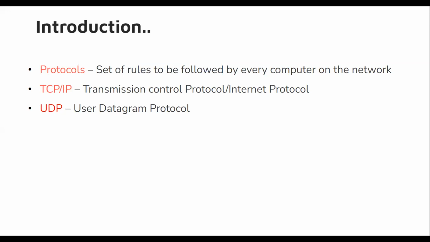And when we talk about audio, video, images, nowadays it's social media time, so images and audio we want to share, we use the UDP protocol, that is the user datagram protocol.